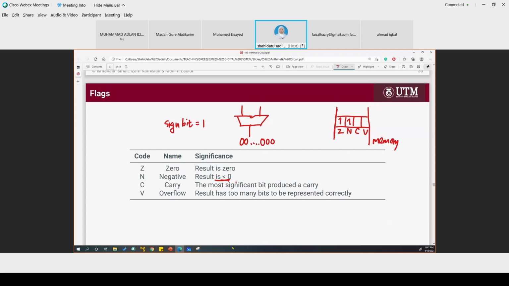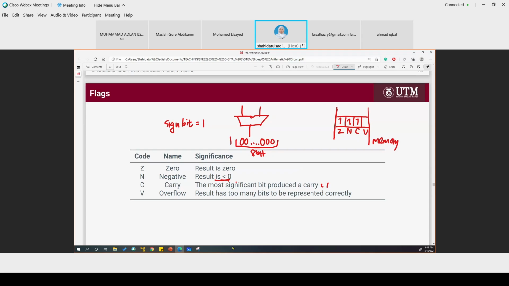The carry flag will be set to 1 if the most significant bit produces a carry of 1. Let's say we are supposed to calculate an 8-bit number, but we have a carry out here. If the carry out is 0, then the flag will not be set. If the carry out is 1, the C flag will be set.